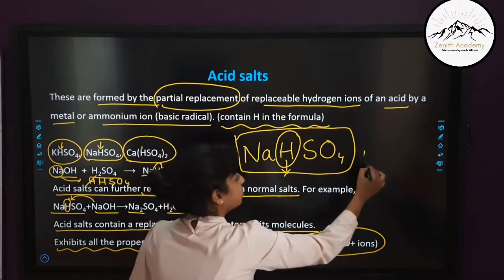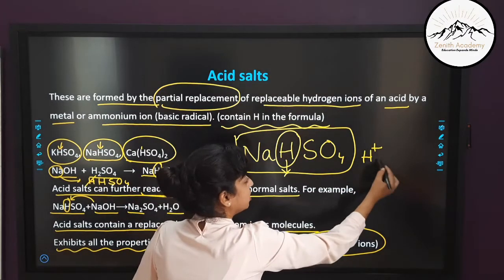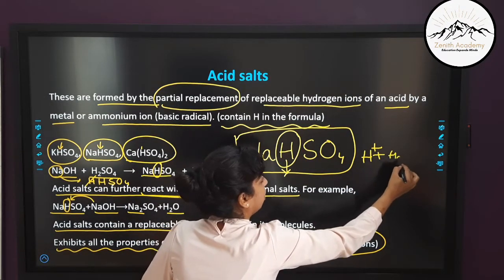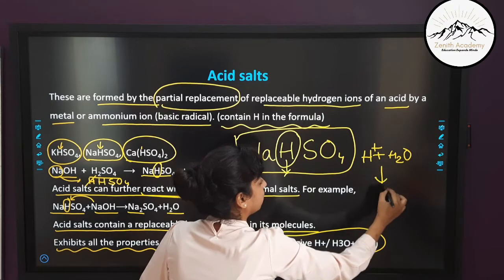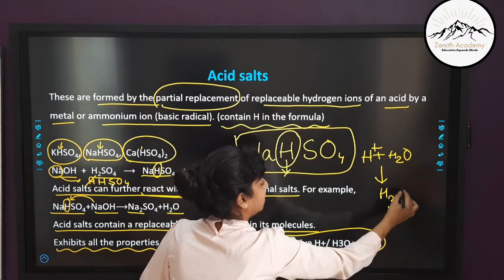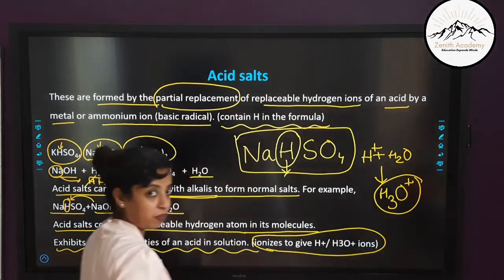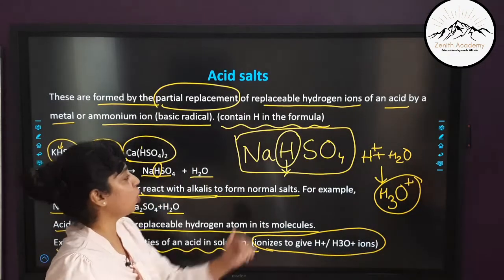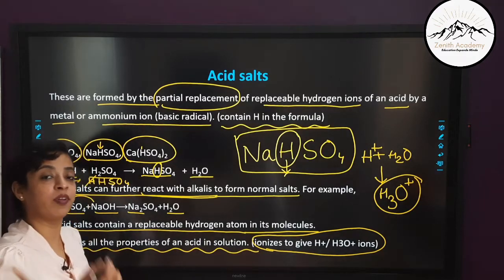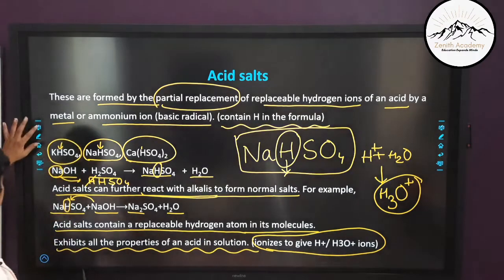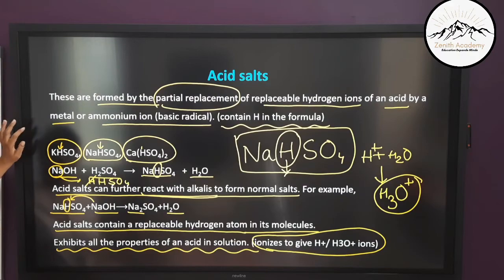So it forms H plus. Now this H plus reacts with water to form the hydronium ion, and this ion we know is responsible for the acidic behavior. So acid salts exhibit all the properties of an acid in a solution.